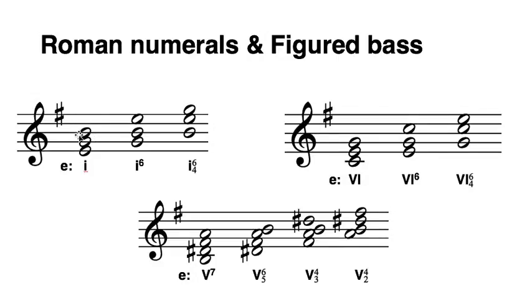This is a minor triad, an E minor triad, right? So in E minor, an E minor triad is scale degree 1. If G is at the bottom, the third, first inversion, it's a 1/6 or a tonic 6. If then B is at the bottom, that's the fifth, it's a 1/6/4 or a tonic 6/4. Okay?